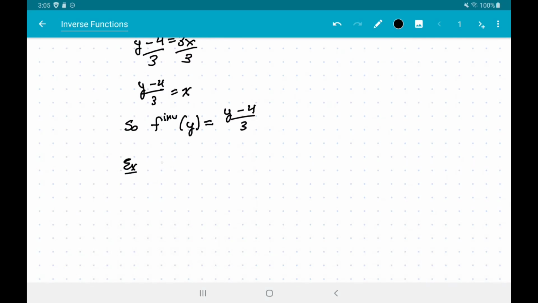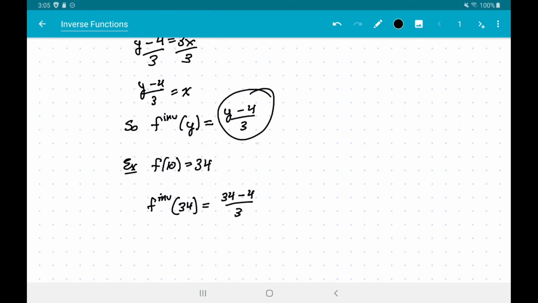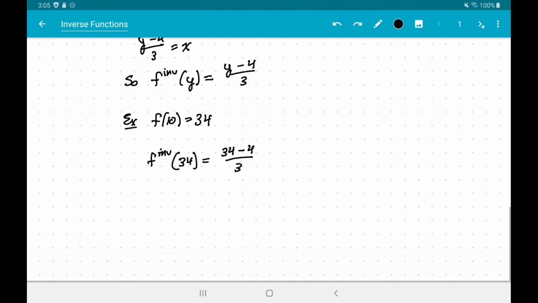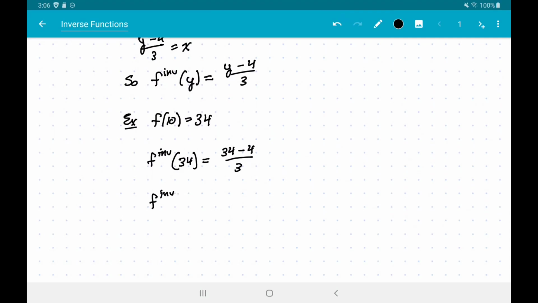And as an example, remember f of 10 was 34. Well, f inverse of 34 is 34 minus 4 over 3. I'm going to use this formula with y equal to this 34. And when you do out the arithmetic, well, 34 minus 4 is 30. Then divide by 3, and you get 10.